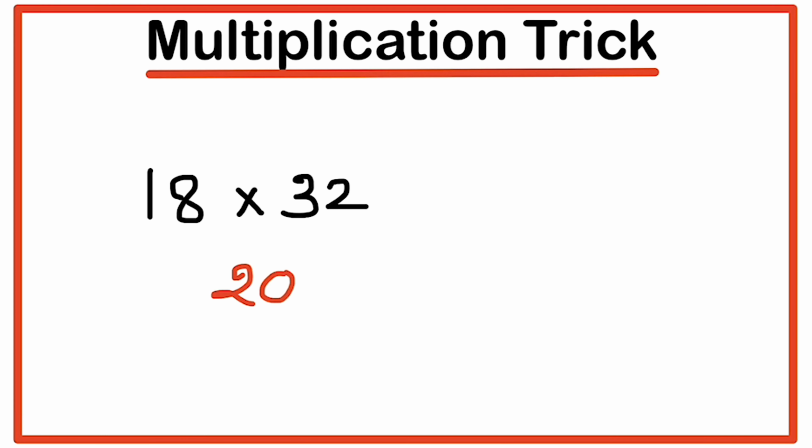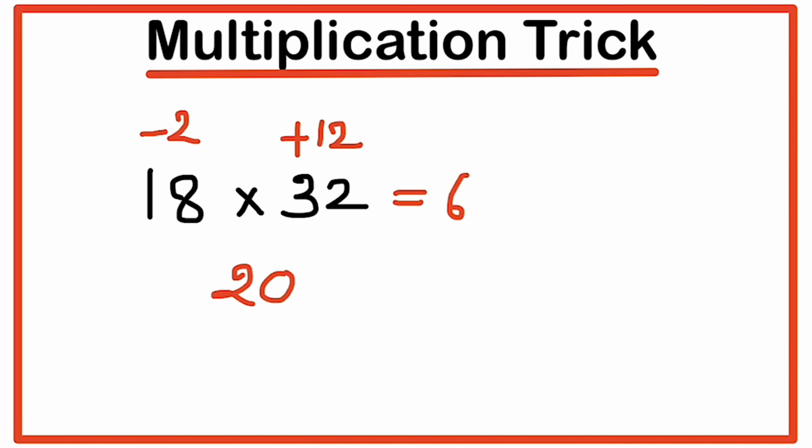So we will just write 20, and then this number is 20 minus 2, and this number is 20 plus 12, right? So we will add these two numbers together, so this will become 30, right? Or you can add these two numbers, so it will also become 30, and we'll multiply 30 with this 20, so 3 into 2 is 6, and that is 600.